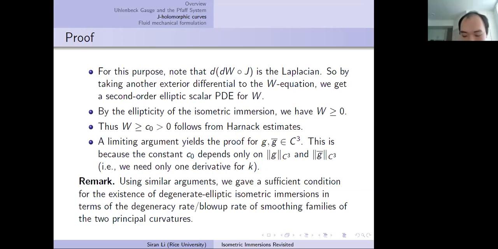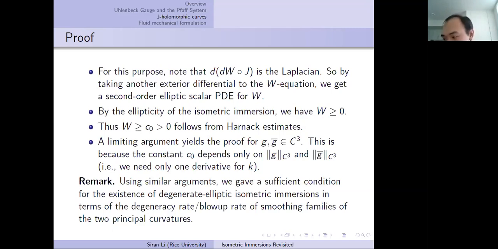The original motivation of my recent preprint is the following. Using a similar Harnack argument, we gave a sufficient condition for the existence of degenerate elliptic isometric immersions. This is more in the spirit of Pengfei Guan and Yanyan Li. My condition is in terms of the degeneracy and blow-up rate of the smoothing families of the two principal curvatures.